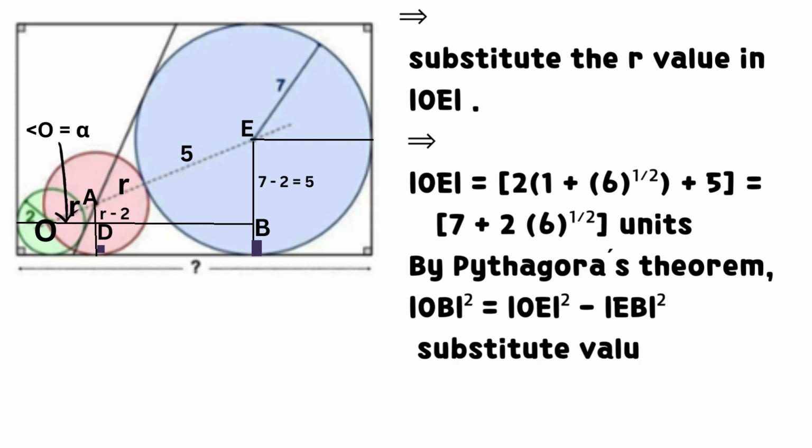By Pythagoras theorem, the square of line OB equals the square of line OE minus the square of line EB. Substitute values.